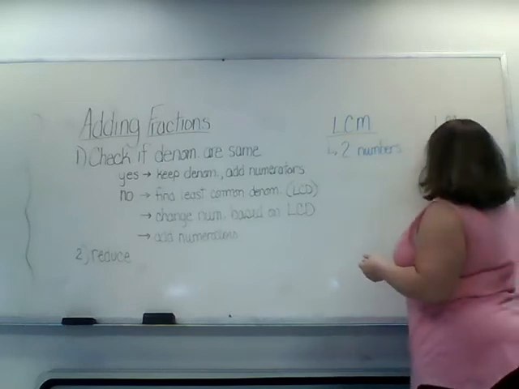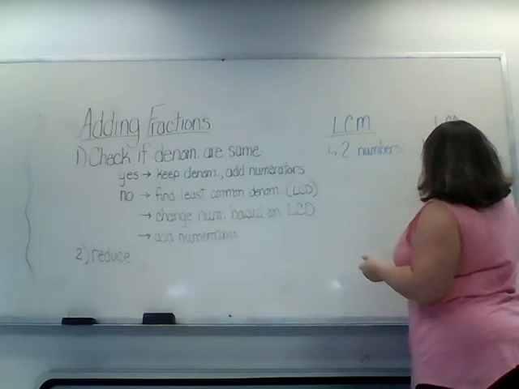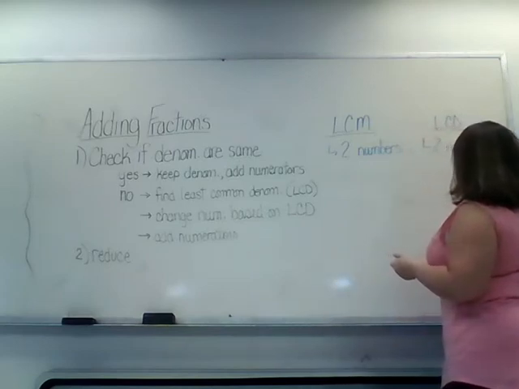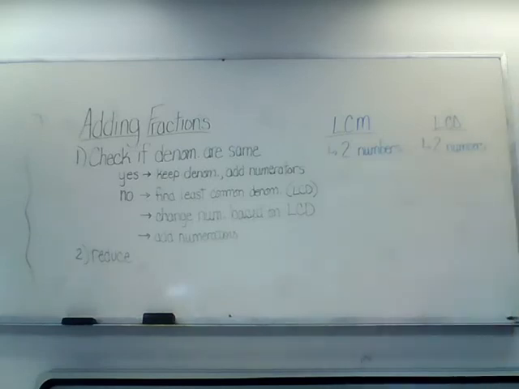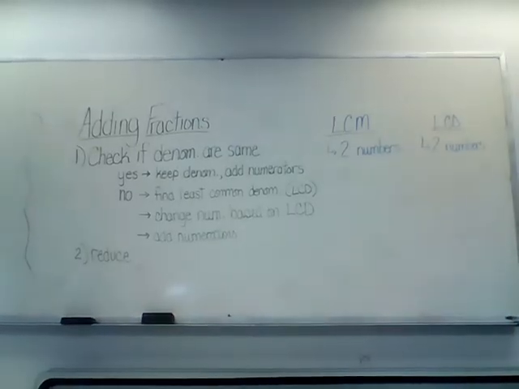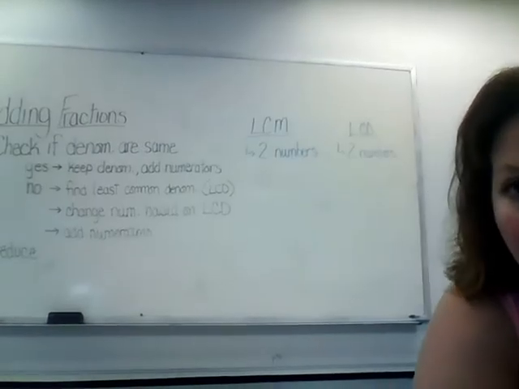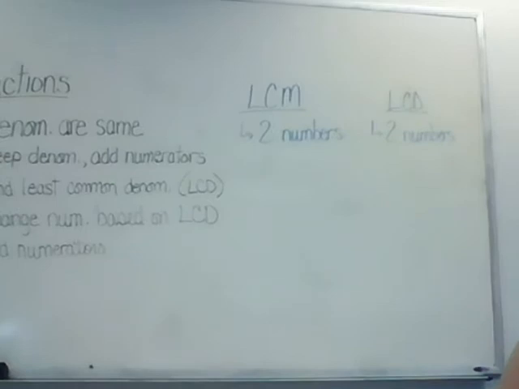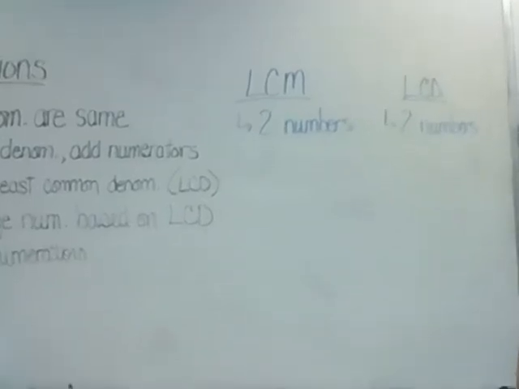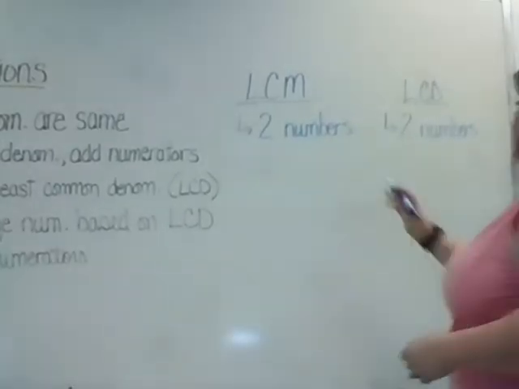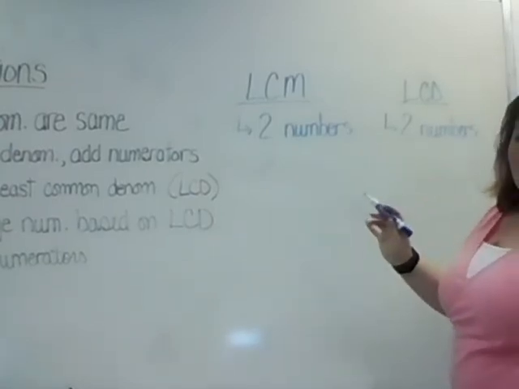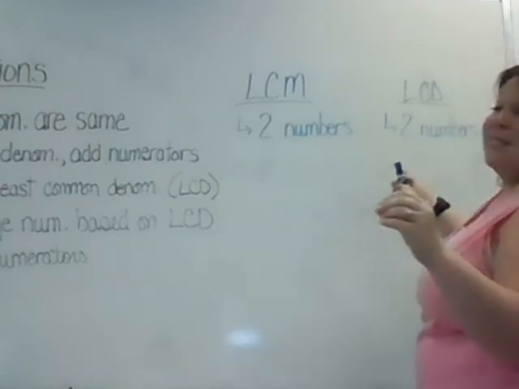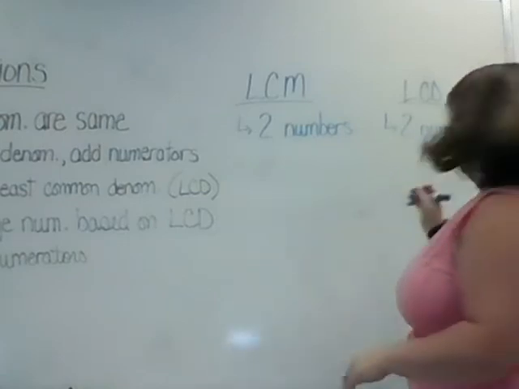So with least common denominator, it's still two numbers. And I'm using blue now, so I'm just going to angle the camera just a little bit differently so that you can see this a little better. Because I'm trying to get darker markers, and I don't think it's working. Okay, so least common multiple is two numbers. Least common denominator, two numbers. So the least common denominators are already in a fraction.